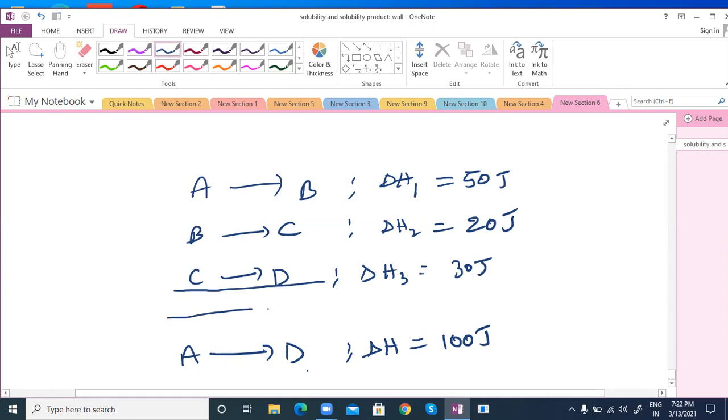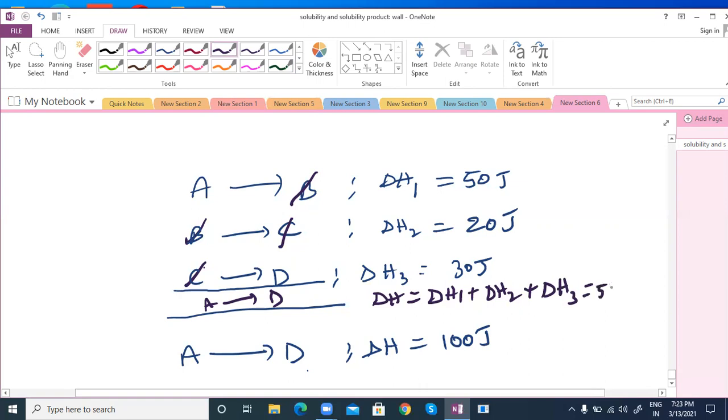By adding them, B will be cancelled, C will be cancelled, and finally we will get A to D. For that process, delta H equals the sum of all the reactions' delta H values: delta H1 plus delta H2 plus delta H3.